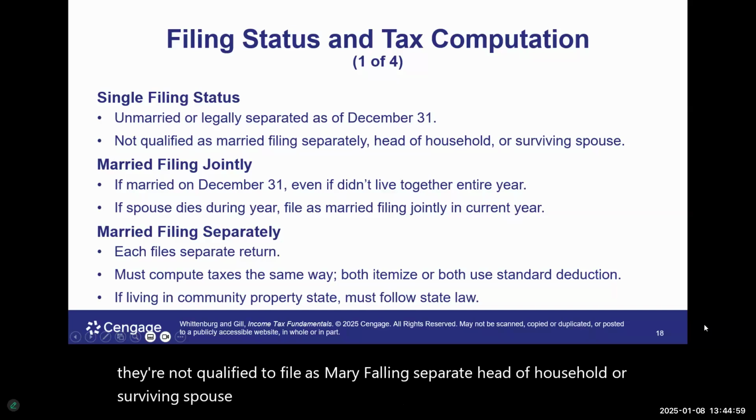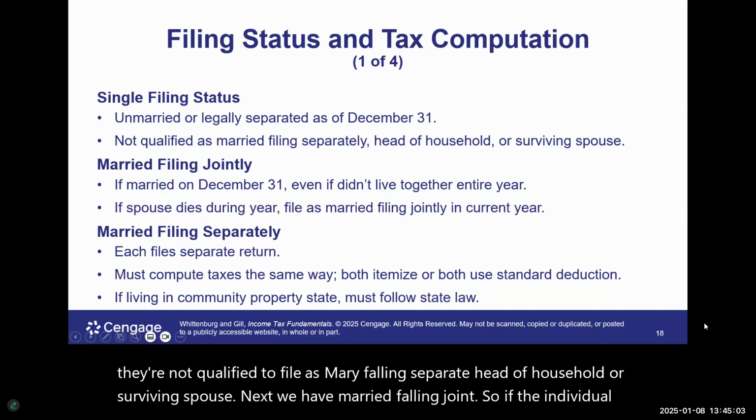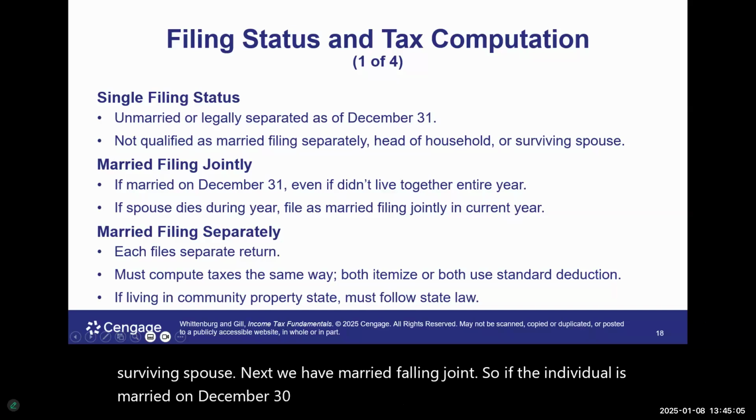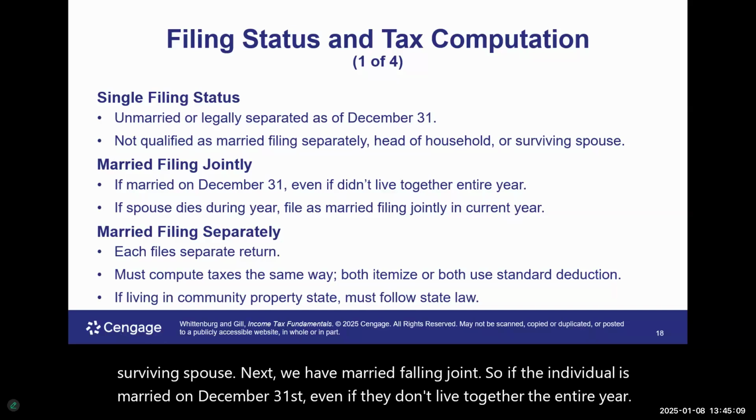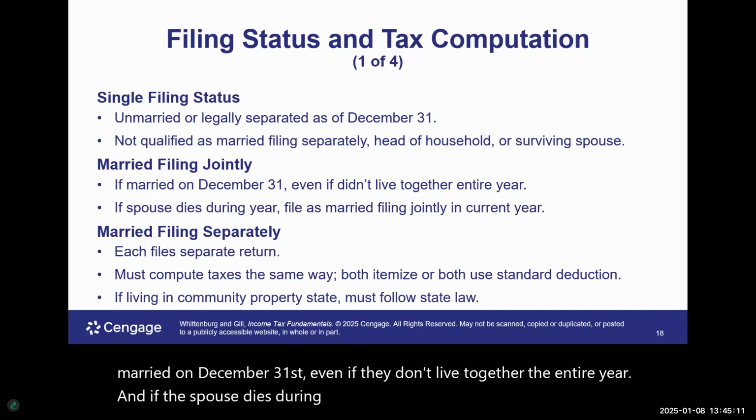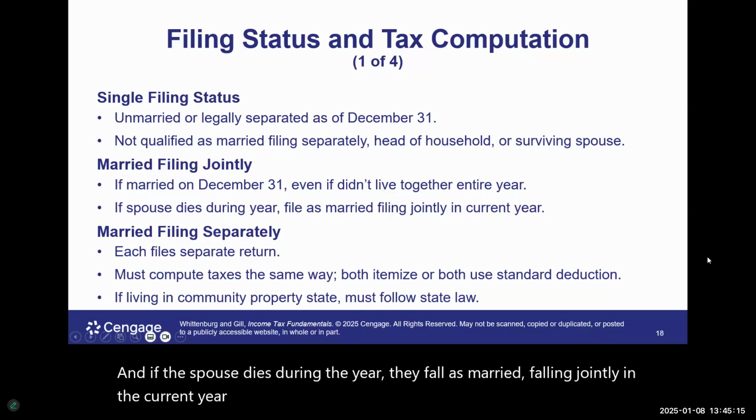Next, we have married filing joint. If the individual is married on December 31st, even if they don't live together the entire year, and if the spouse dies during the year, they file as married filing jointly in the current year. With this second bullet point, I had a client a few years ago.